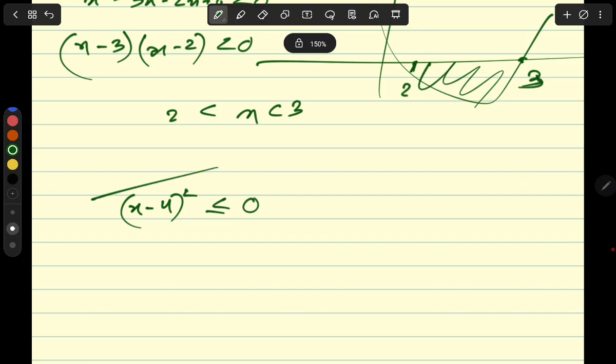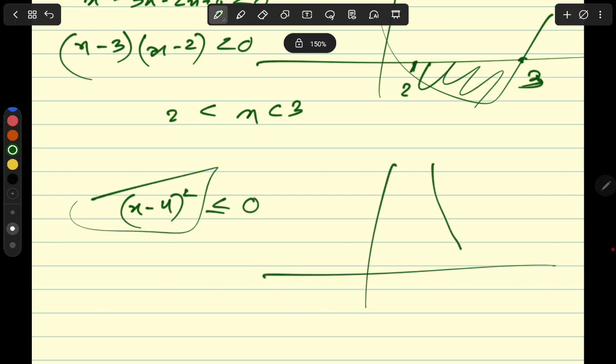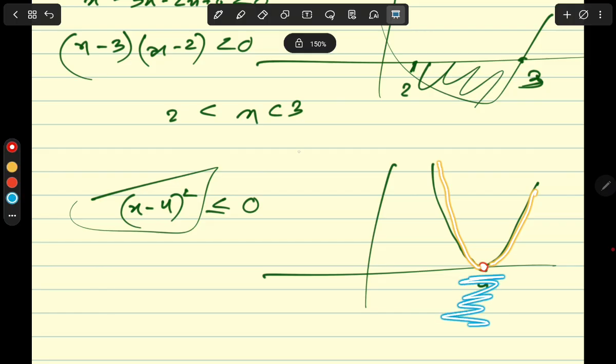Now this graph, if you understand graphs, is simply like this. So the only value for which this is going to be less than or equal to 0 is at x is equal to 4, which is this point only, because beyond this point in the yellow region the graph is above, and there doesn't exist any blue region because the graph is not less than 0 or cannot be less than 0.